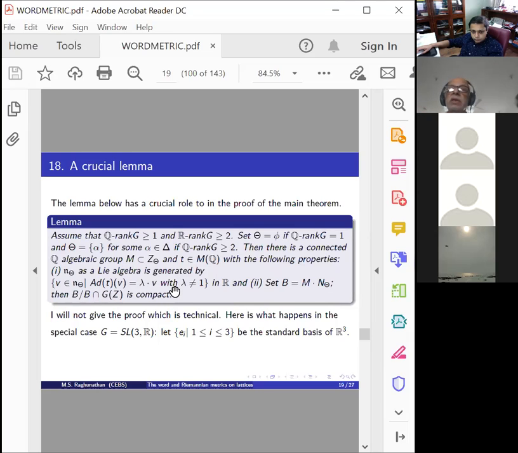Notice that you have an element T in MQ, which is of infinite order. I'll say it has at least one eigenvalue lambda not equal to 1, because N theta is generated by these eigenspaces. So there are eigenvalues not equal to 1. Therefore, the element T is of infinite order.